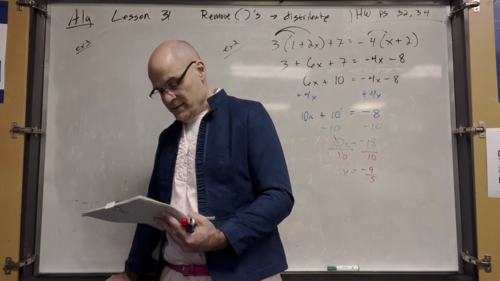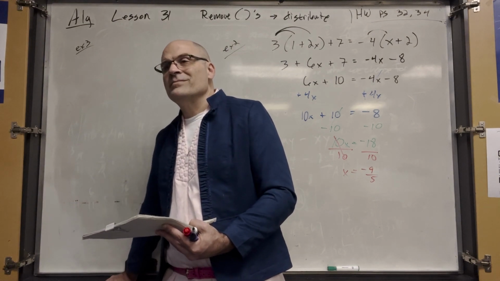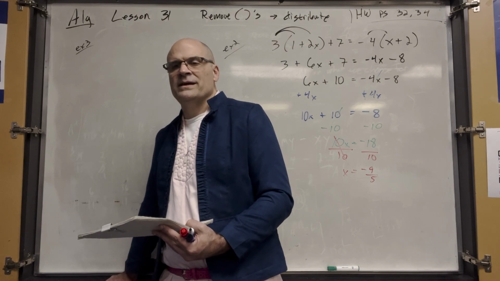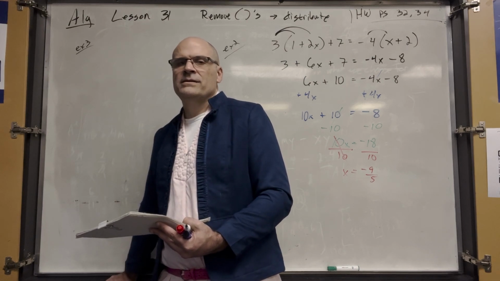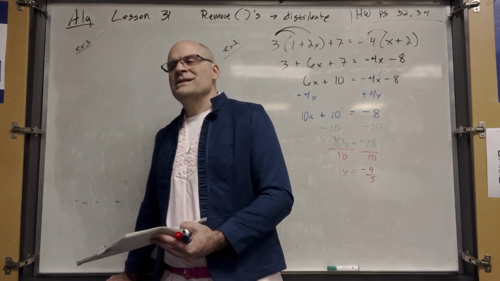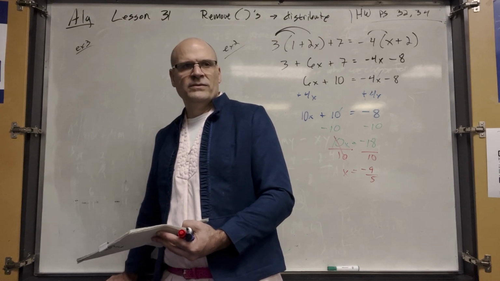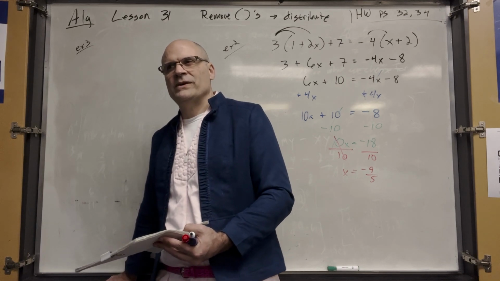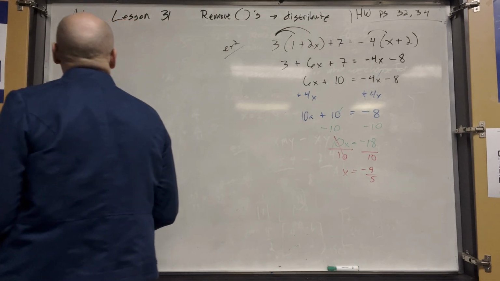This one is not the prettiest answer, but at least it's an okay answer. It is a fractional answer. You're going to get a fraction as an answer, but it's not a terrible fraction. It's quite friendly. And you can't use calculators for this?